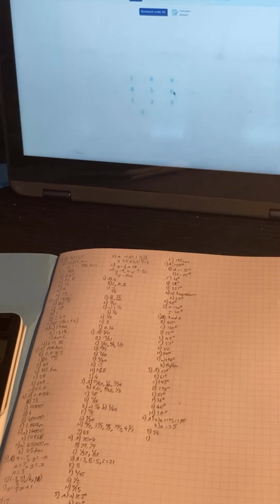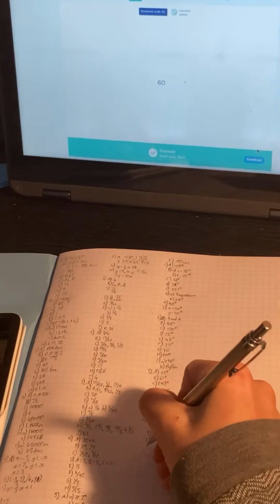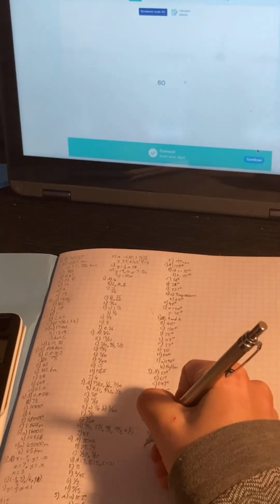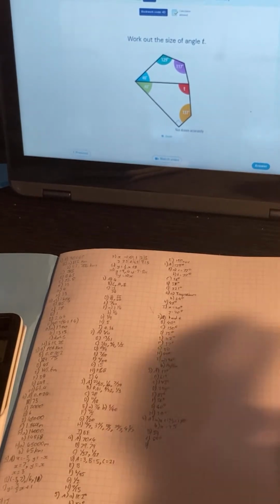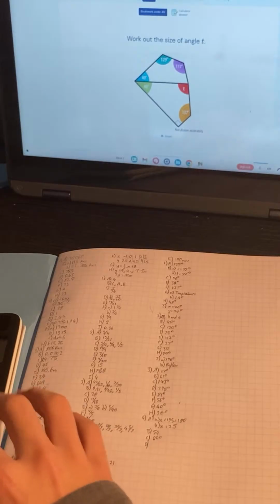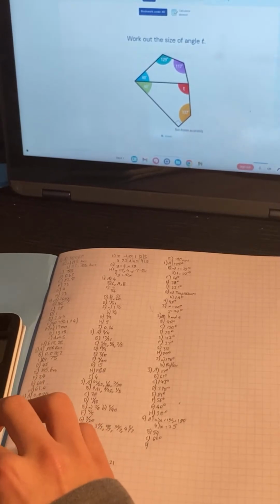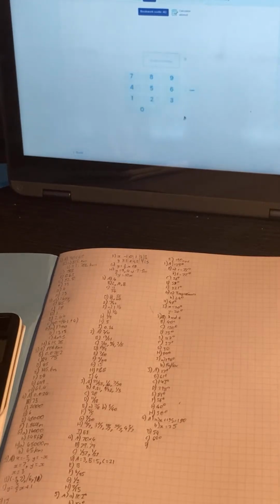Okay, 60 degrees. A, B, C, D. T, we figure out... Okay, never mind. Thought there'd be some difficulty to the question. 93 degrees.